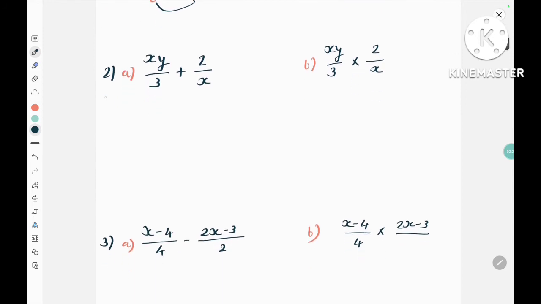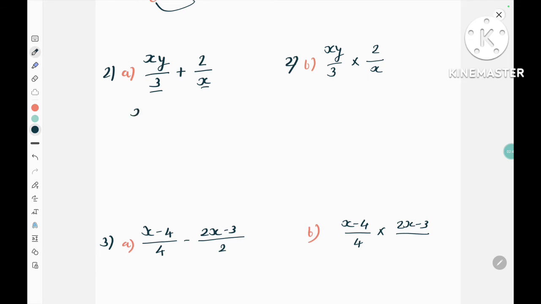Let's see question 2a and b. Both have the same fraction, but again I put a plus sign here and a multiplication sign here, okay? Here we have different denominators, so we have to make the same denominator.